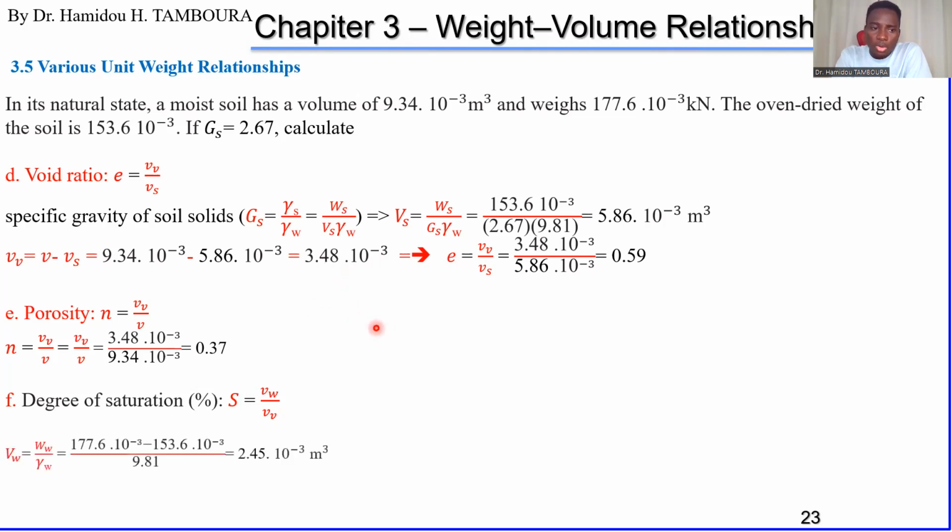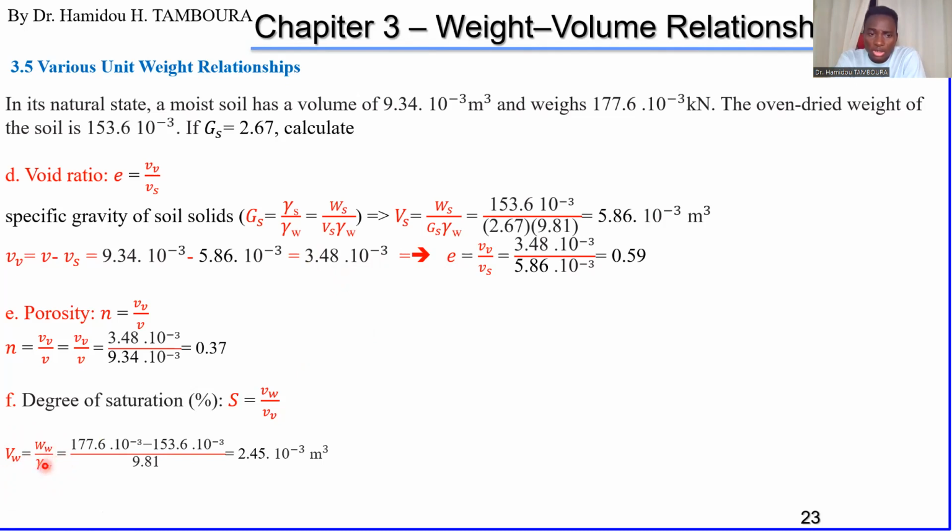Okay, so we know about this relationship, that because the unit weight of water is weight of water divided by volume of water, by using that, we can say that the volume of water is weight of water divided by unit weight of water.